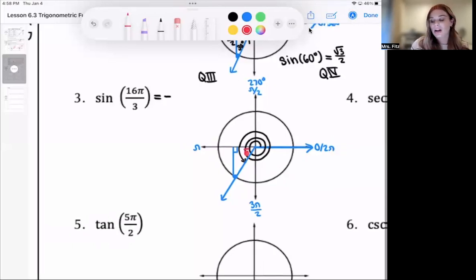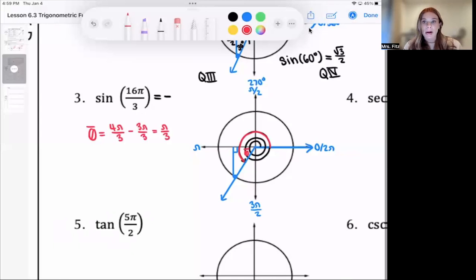Let's find our reference angle. We went 4 pi over 3 after the 2 full circles, so this whole distance was 4 pi over 3. If I get rid of pi, I should be left with my reference angle. So 4 pi over 3 minus pi, which is 3 pi over 3, gives a reference angle of pi over 3.